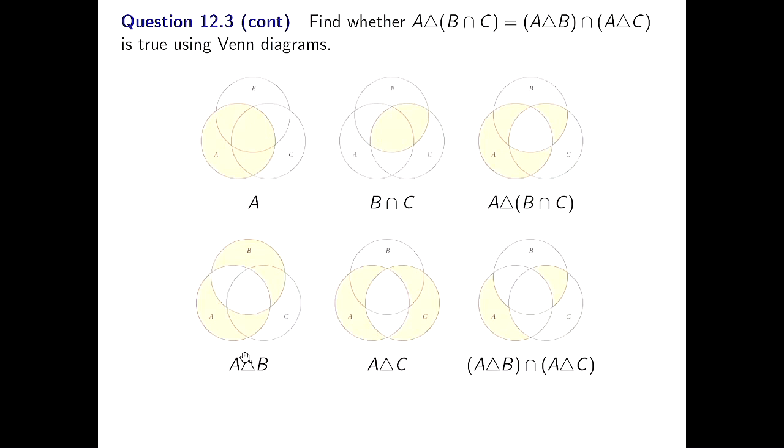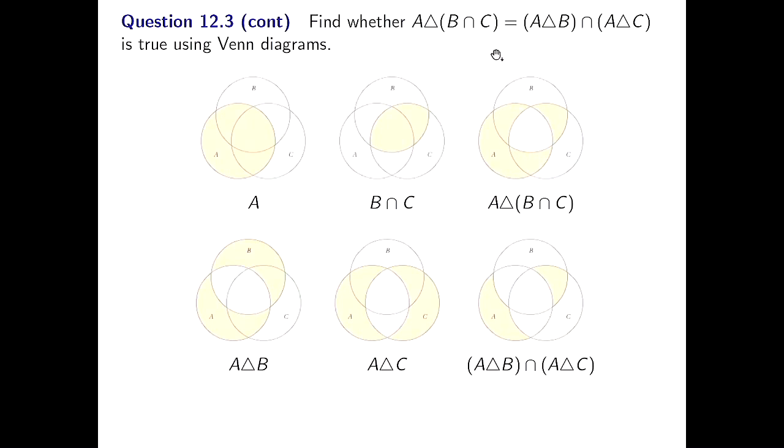Whereas if we take A symmetric difference B and A symmetric difference C, they look like these 2 things. And then intersection, we are just looking at the things that are shaded in both. And it's just this and this, which is different from these 2.